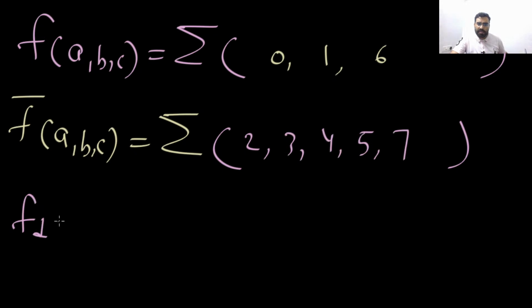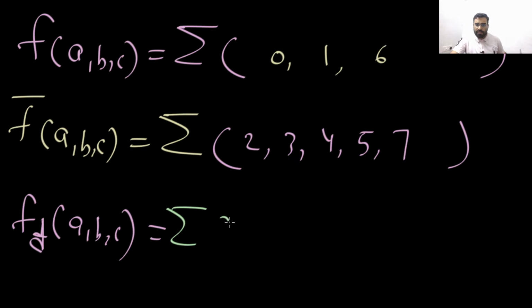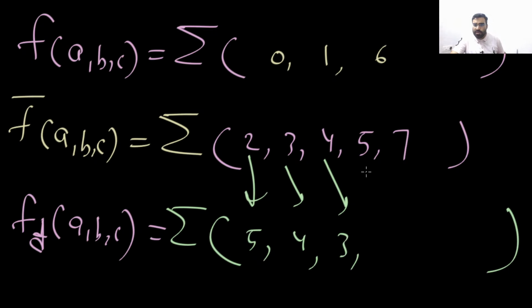This will be f complement. And what will be f dual? F dual will be: you remove each of these from 7, and that will be your f dual.